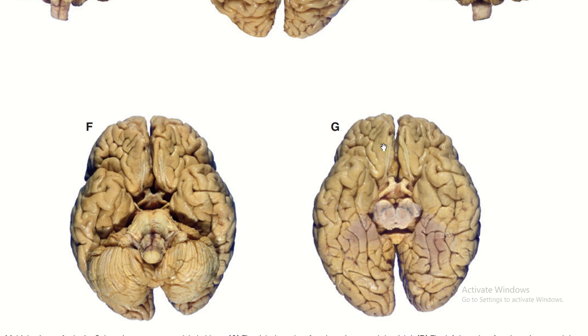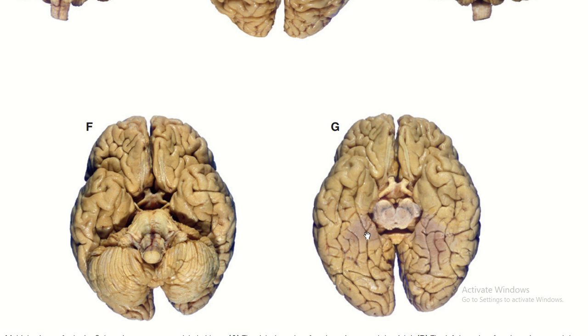You understand? It's also very important to understand these things because as far as olfaction is concerned, the olfactory area is going to be perceived in the uncus of the parahippocampal gyri, which is part of the limbic system.